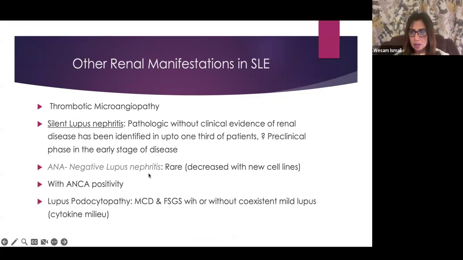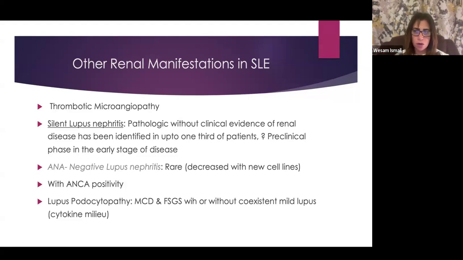Now, this entity, or what we used to call seronegative lupus, I think always that this is some form of wastebasket, and it leads to unnecessary overdiagnosis of lupus. And I just want to remind you that this entity became rare. It was common before because we did not have new techniques and new cell lines to detect the ANA properly.